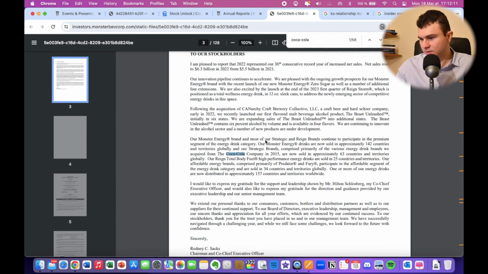Strategic brands comprise primarily of the various energy drink brands we acquired from the Coca-Cola Company in 2015. Okay, so I believe in 2015 Monster Beverage bought something from Coca-Cola.